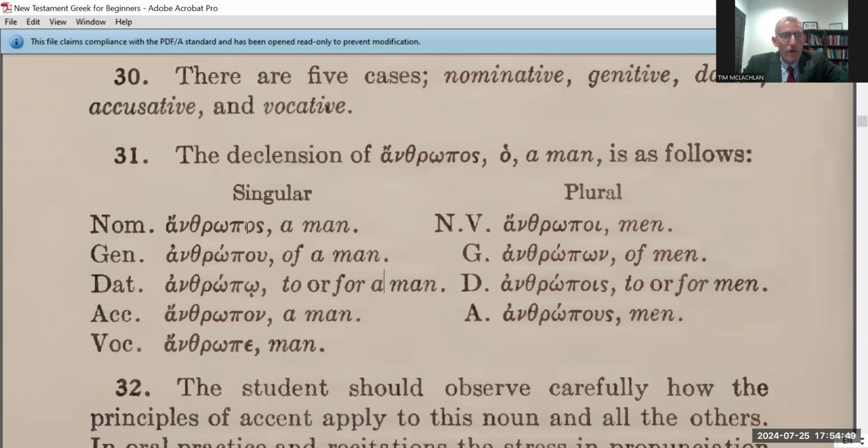Okay, omicron sigma is the ending for the nominative singular case. So if you see omicron sigma like this, it's telling you that this is a singular case, and it's the nominative, he's the subject. If it's the plural, it's anthropoi, and you see omicron iota, and that's what changes.